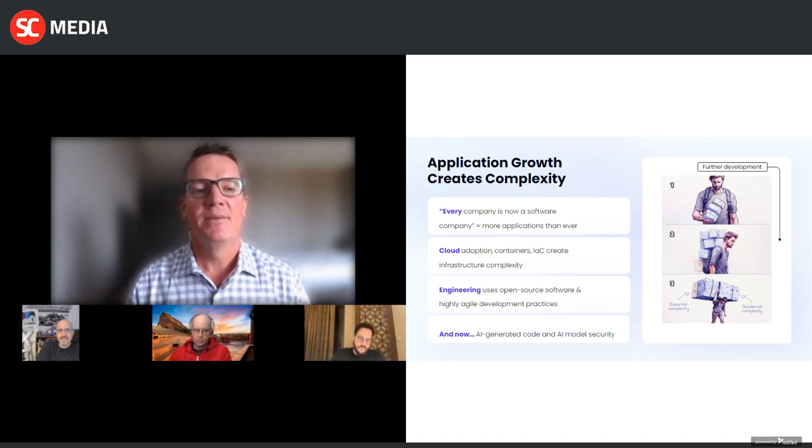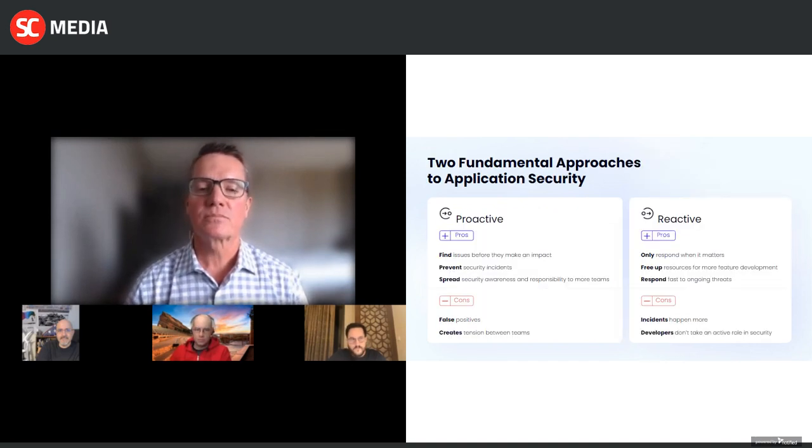And the newest member to this layer of complexity is also AI. We're seeing more adoption of AI generated code, which introduces even additional layers.